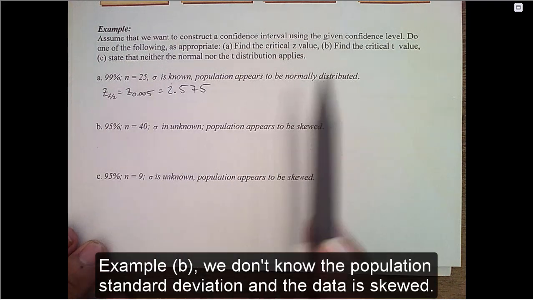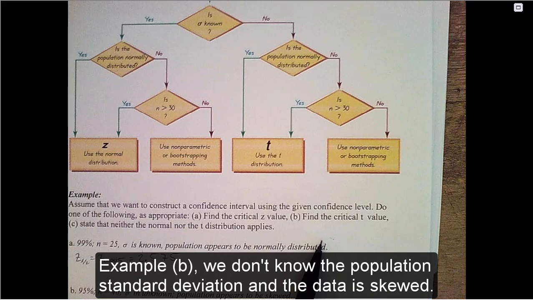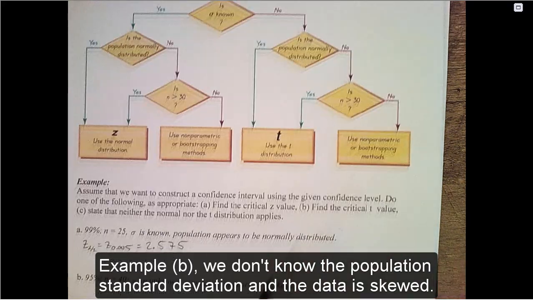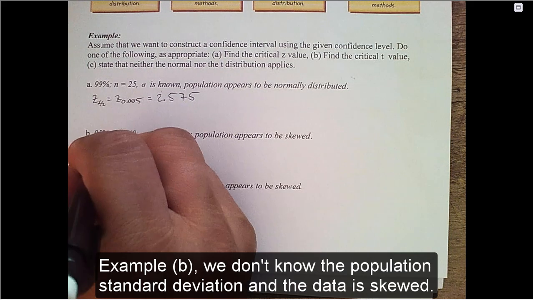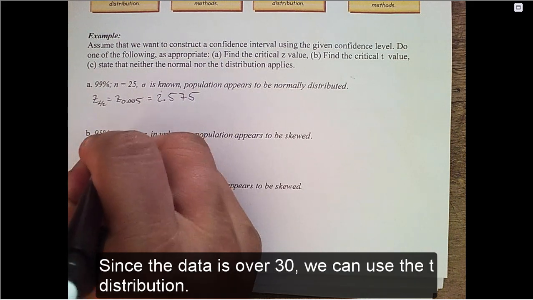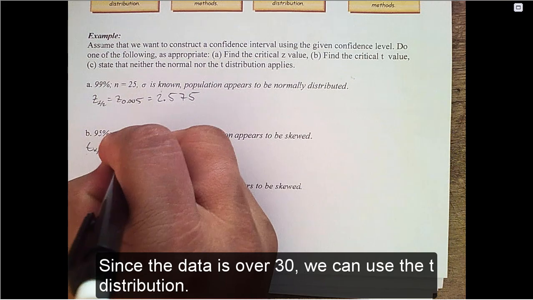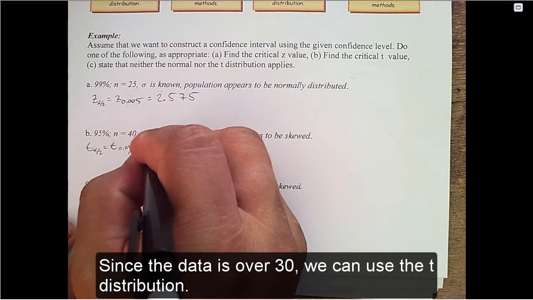Example B, we don't know the population standard deviation and the data is skewed. Since the data is over 30, we can use the t-distribution.